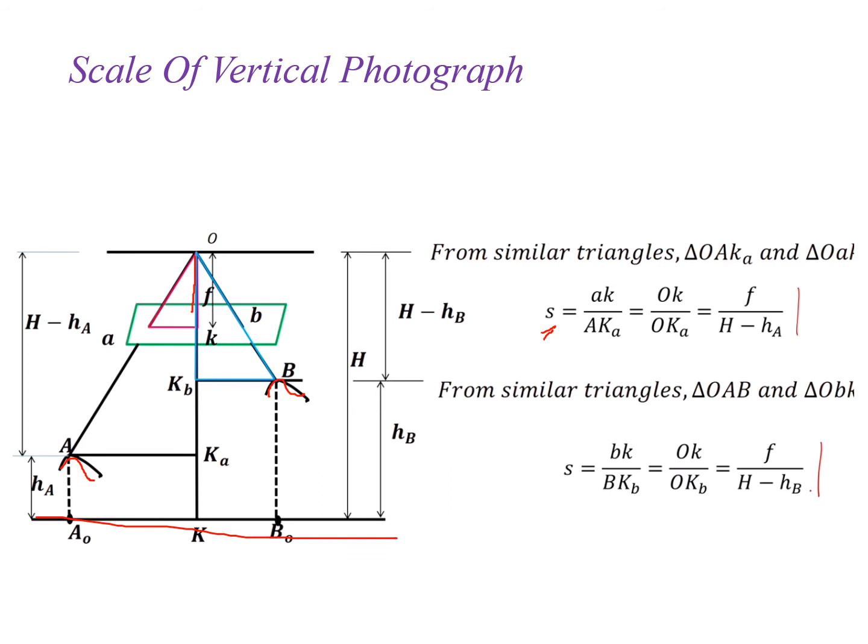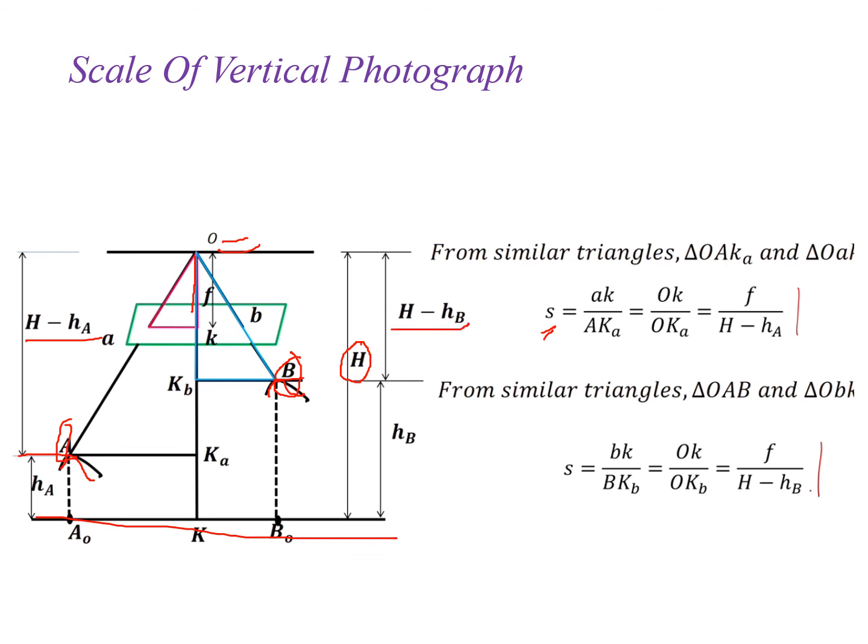Here the two different objects, A and B, are not at the same level. So first of all you have to determine the vertical height. You know that h is always with respect to the datum up to the exposure point. Therefore for point A the height is h minus ha, and for the other point B the height is h minus hb.